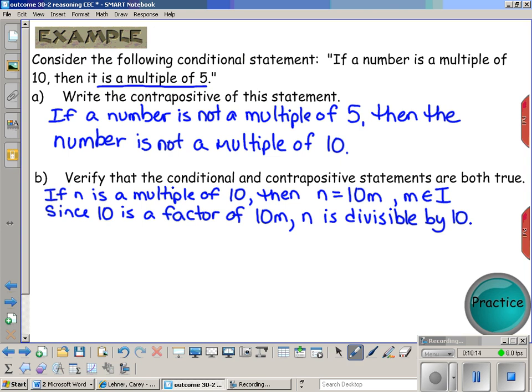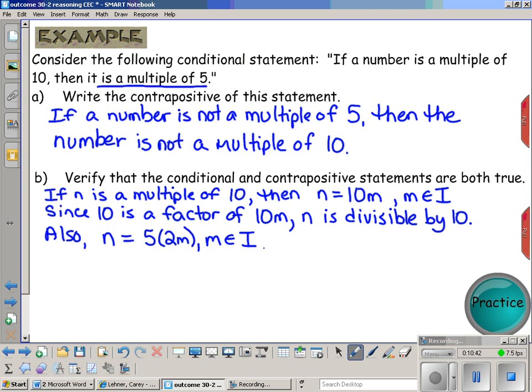All right. Now we can go further and we can look at our multiples of 5. We can say also our number n, so same number, because it was equal to 10m, we can write it as 5 times 2m. 5 times 2 is 10. We are allowed to split up a number into 2 factors. Again, m is any integer.